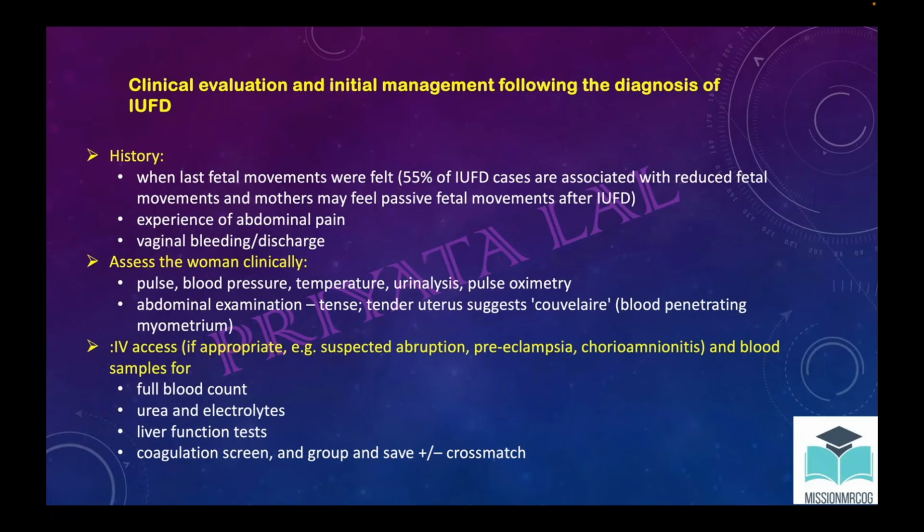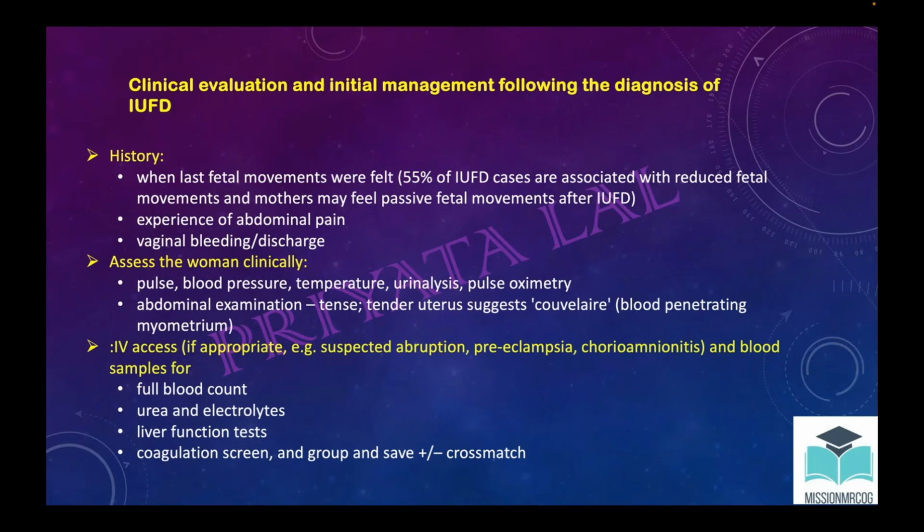Apart from this, if the patient comes with a diagnosis of IUFD, what should you do? You should take a history. In the history, you have to ask about fetal movement, because 55% of IUD cases are associated with reduced fetal movement. Also ask whether the patient has any abdominal pain, vaginal bleeding, or discharge. Clinical assessment of the woman is done with vitals: pulse, blood pressure, temperature, pulse oximetry, and urine analysis.